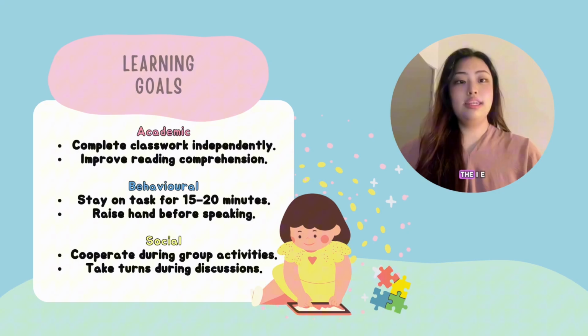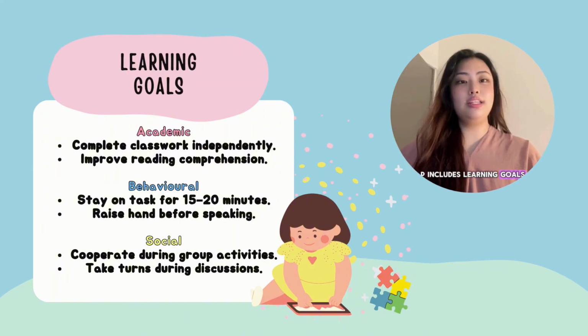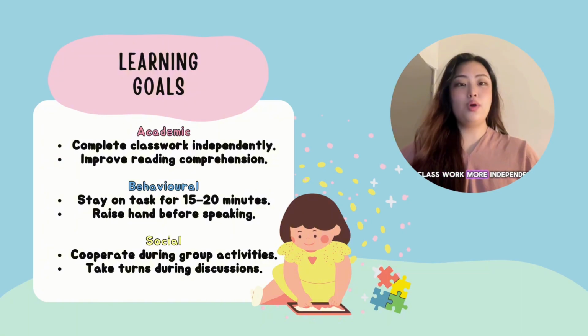The IEP includes learning goals in three different areas, which are academic, behavioral, and social development. Academically, the goal is for Adam to complete his classwork more independently while improving his reading skills.